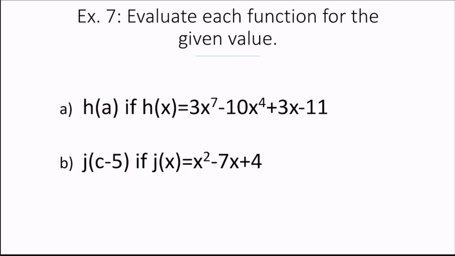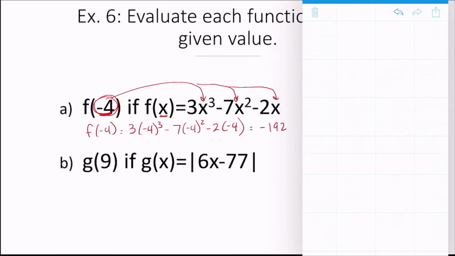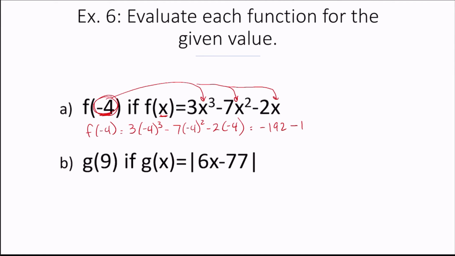Negative 4 squared is 16. 7 times 16 is 112. And then minus 2 times negative 4 is going to be minus negative 8, which is plus 8. And when we add those up, negative 304 plus 8 is negative 296.